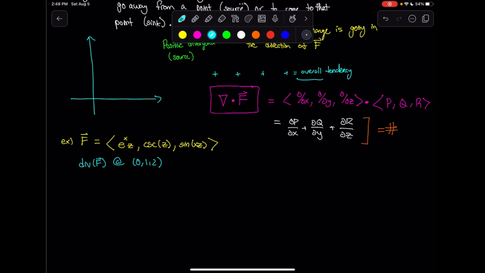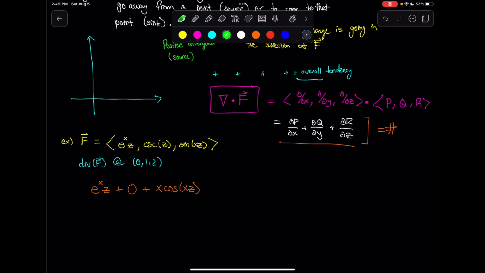Let's do it. If we just use our little formula, we take the derivative of the first term with respect to x. So we're just going to get e to the xz again. Take the derivative of the second one with respect to y, which we're going to get 0. And the derivative of the third one with respect to z, which is going to give us x cosine of xz.